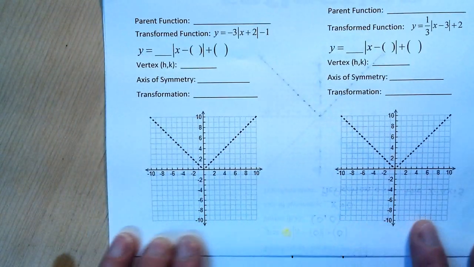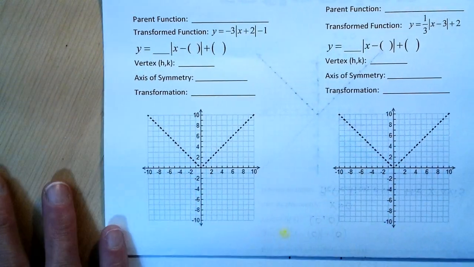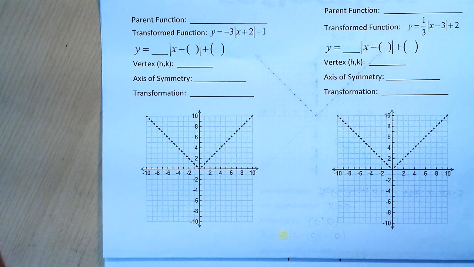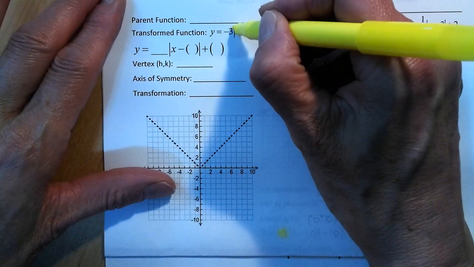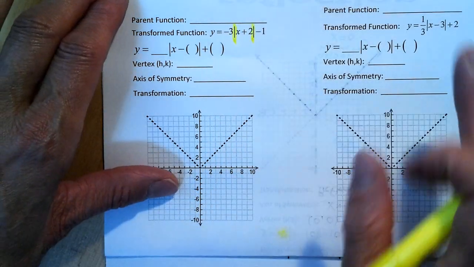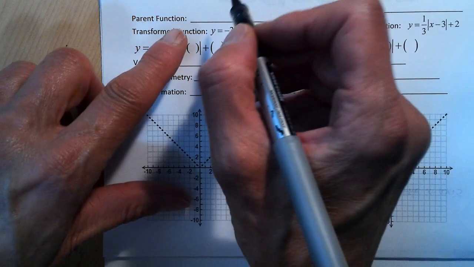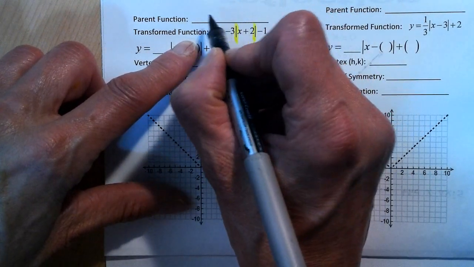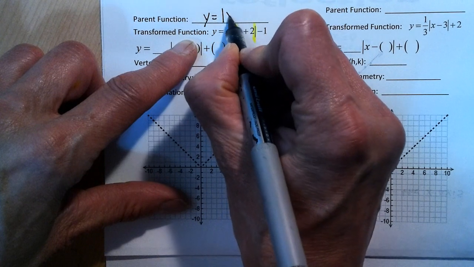So let's go ahead and look at this function here. I got to say, okay, what kind of function is it? Right now we're just looking at absolute value, but I could give you quadratic, or I could give you a log, something else, something different, and I need to recognize that. So the parent function here, the bare minimum I need is the absolute value of x.